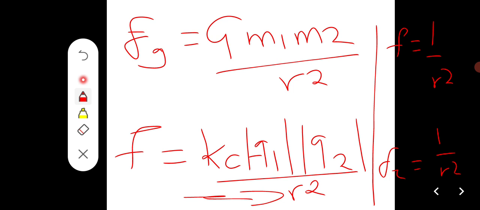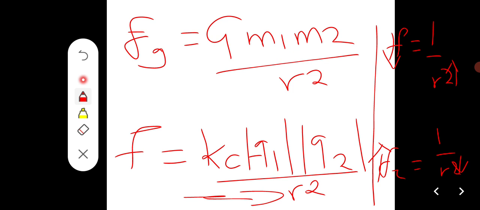Similarly, if the distance is reduced, the electric force will do what? Will increase. Similarly for gravity, if you increase the distance between the objects, the gravitational force will decrease, and if you reduce the distance, the gravitational force will increase.